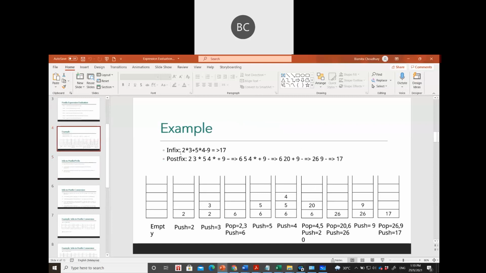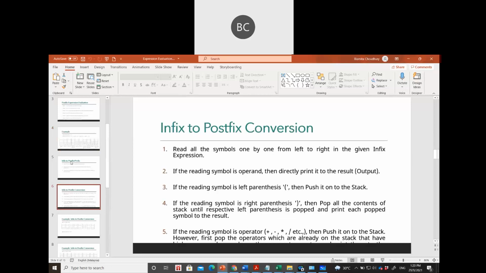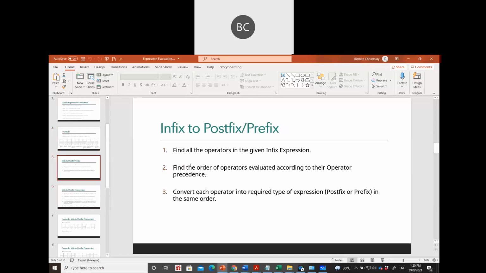In postfix evaluation, we always push the operands first, then whenever we see an operator, we pop out the top two elements, perform the operation, and the result is pushed back to the stack again.